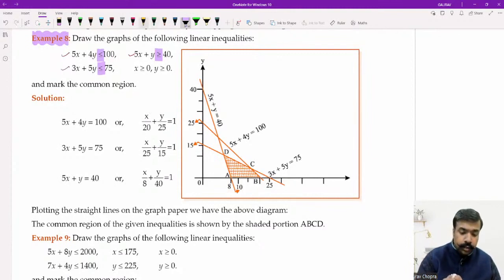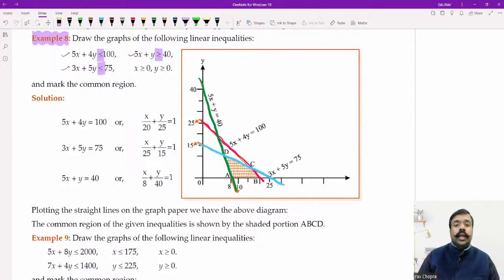Now, after that, let us discuss. This is the first one. This is the first line. Then the second line, this one is the second line with green color, and the third one, this one with blue color.